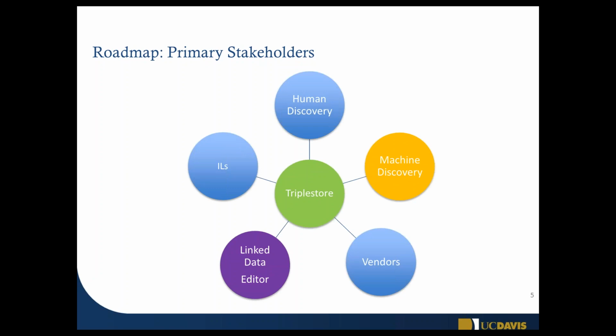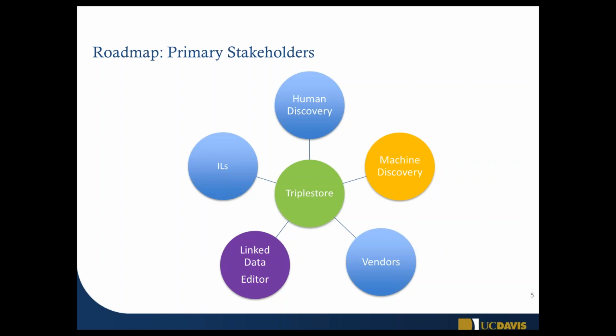For example, ILS, which is Integrated Library System, and the human discovery interface, that's your OPAC or your discovery layer. We also rely on a lot of vendor services. What might be new to you is the triple store, machine discovery interface, and the linked data editor.